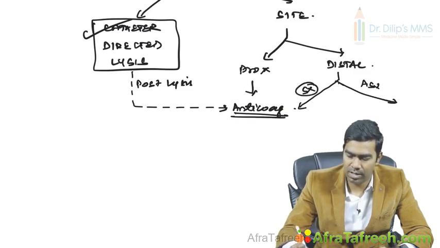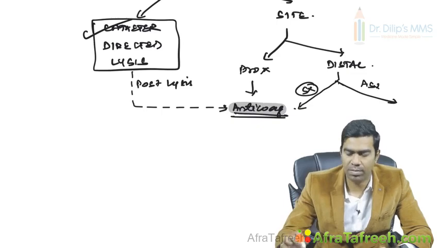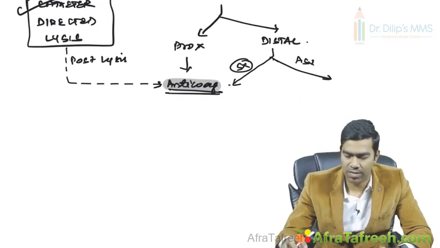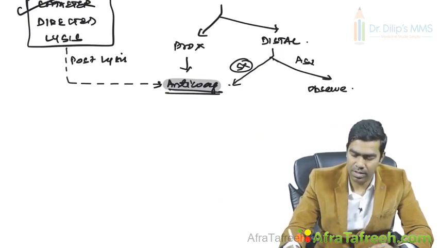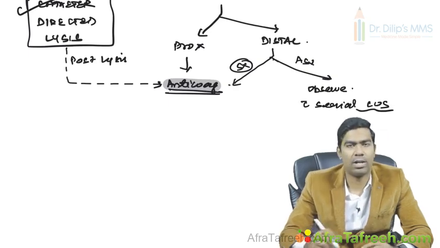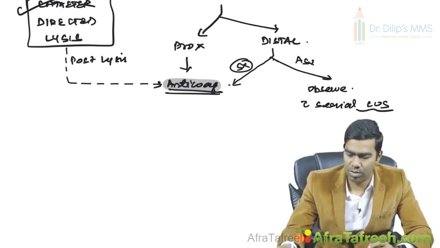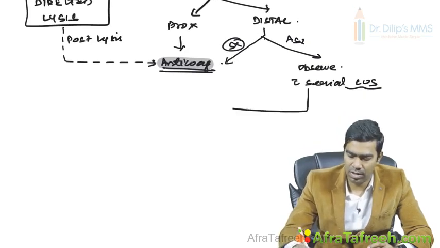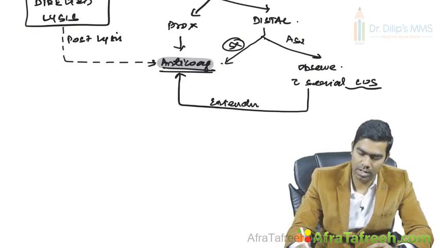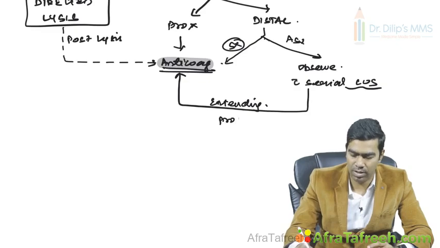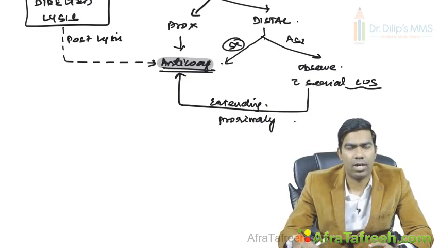Any symptomatic distal DVT will again be started on anticoagulation. If it's an asymptomatic distal DVT, then you can observe this patient with serial compression ultrasound every 2 weeks. Suppose the DVT is increasing or extending proximally, definitely you have to start anticoagulation.